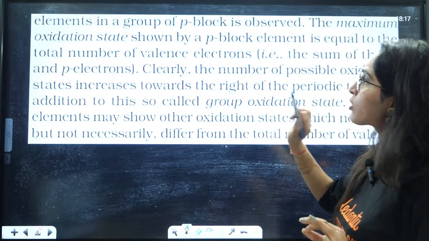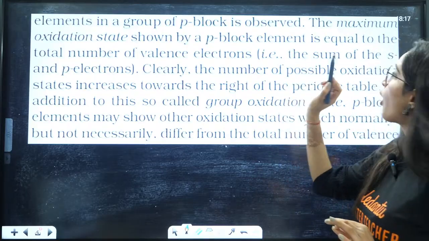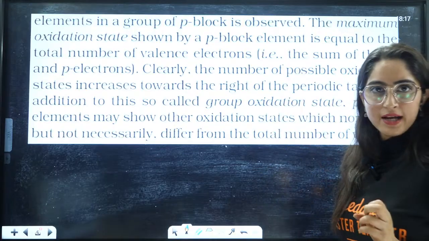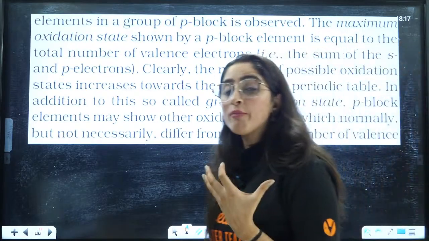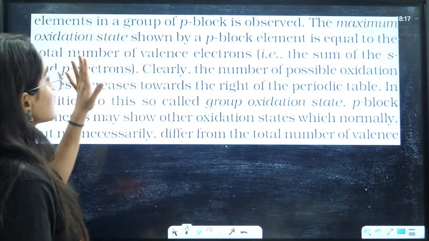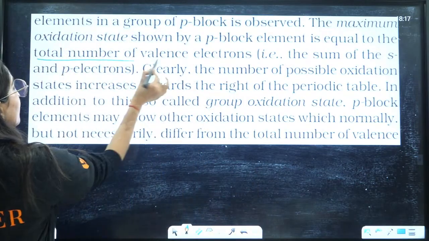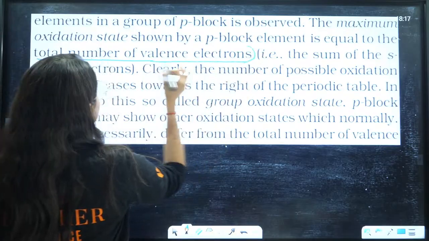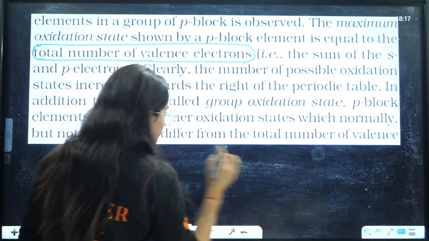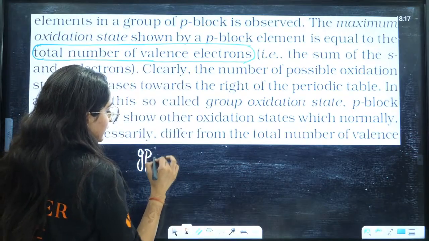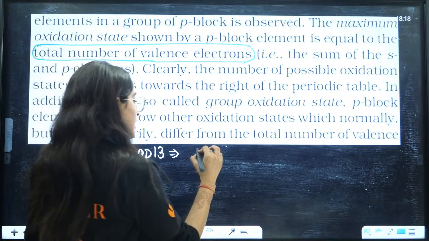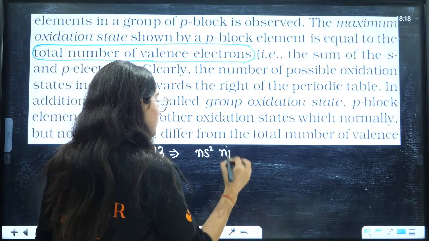The maximum oxidation state shown by p block elements is equal to the total number of valence electrons. Now they are saying how many electrons maximum can be lost or gained. That is equal to the total number of valence electrons, right? So students, if you talk about group number 13, the valence electrons are ns2 np1.